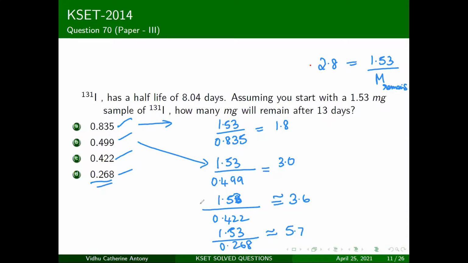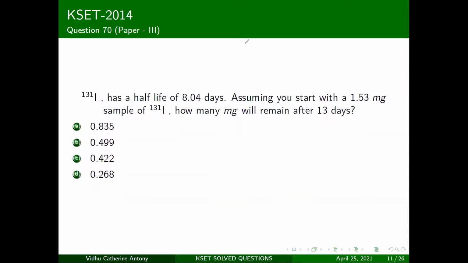It's better to do this rather than looking at the exponent and thinking, how do I do this calculation, and not even attempting this question at all, because this is pretty simple. The only issue that comes with this is in calculation. So it would be a mistake to lose out on this question, because it's really easy to do, except for the calculations.